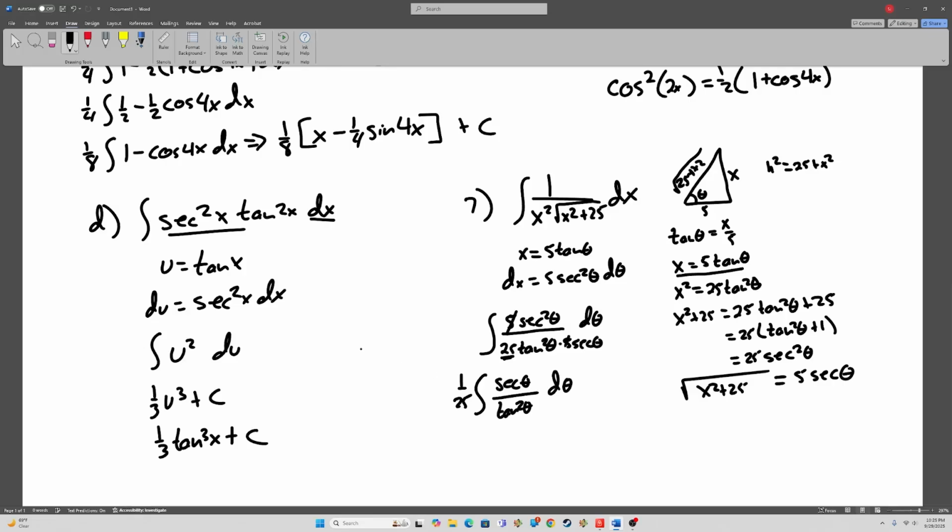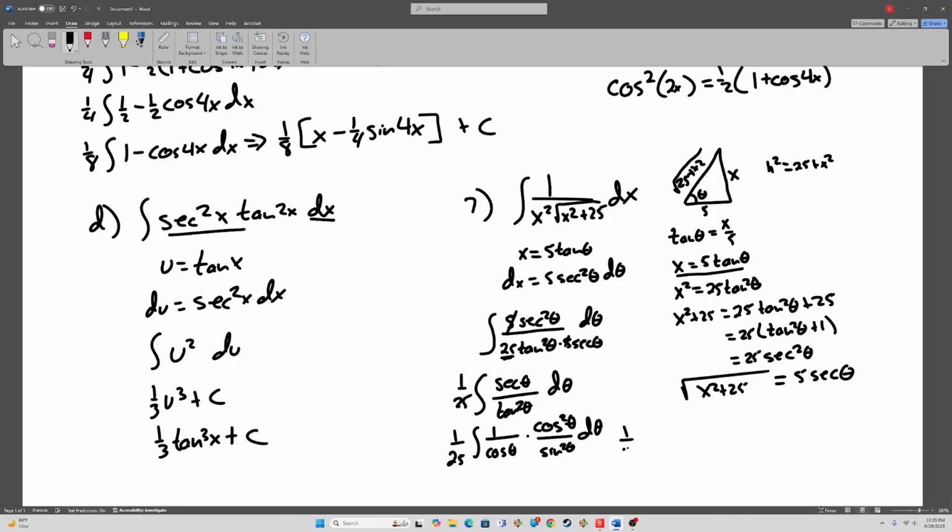Well, one of the things we can do with trig functions is turn everything into sines and cosines. So we have 1/25th integral of 1 over cosine of theta, and then times, tangent is sine over cosine, but this is 1 over tangent, so this can be cosine squared theta over sine squared theta d theta.